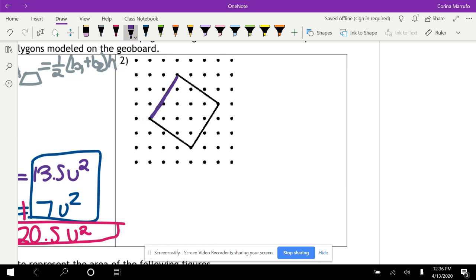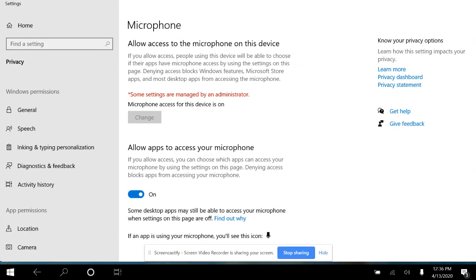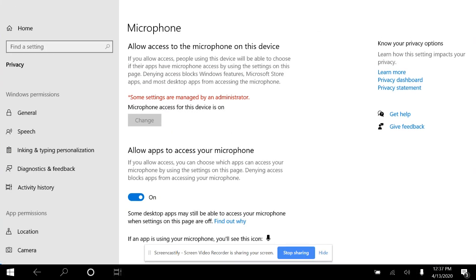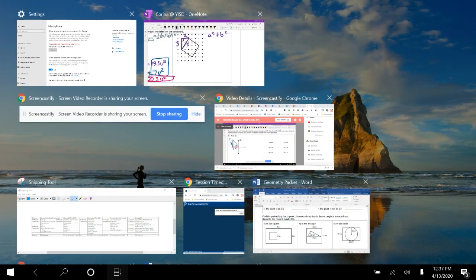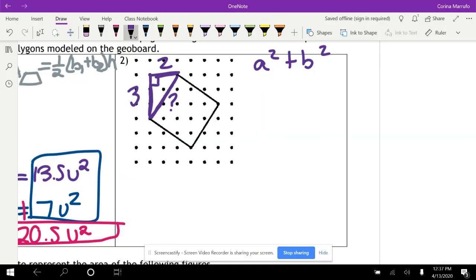So the way that I am going to do so is if I count my rise, which is 3, over my run, which is 2. Do you see how I created this right triangle? So now to find this missing side, I am going to use a squared plus b squared equals c squared.